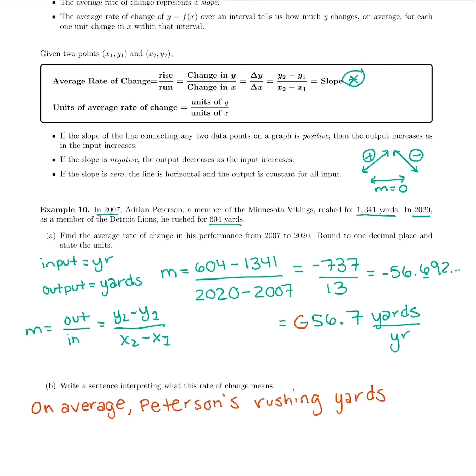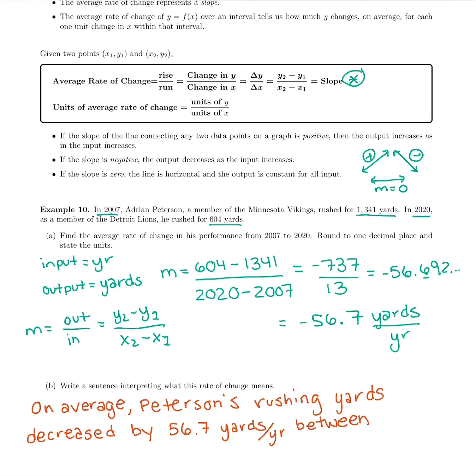Well, we got a negative answer, so we have that it's decreasing. So on average, Peterson's rushing yards decreased by 56.7 yards per year. And then we want to say the time frame that happened, because that wasn't always true.